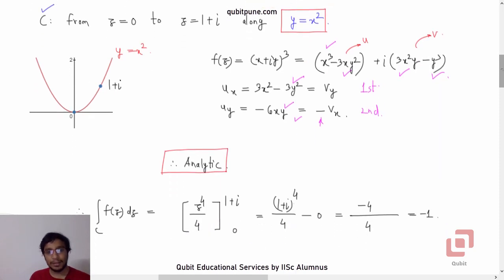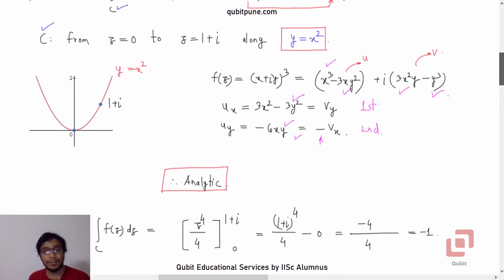Alright, the last part is perhaps the simplest. The function f is z cube, so its integral is going to be z to the power 4 upon 4. Put the limits. At 0, z to the power 4 is 0, so you are required to find the fourth power of 1 plus i.